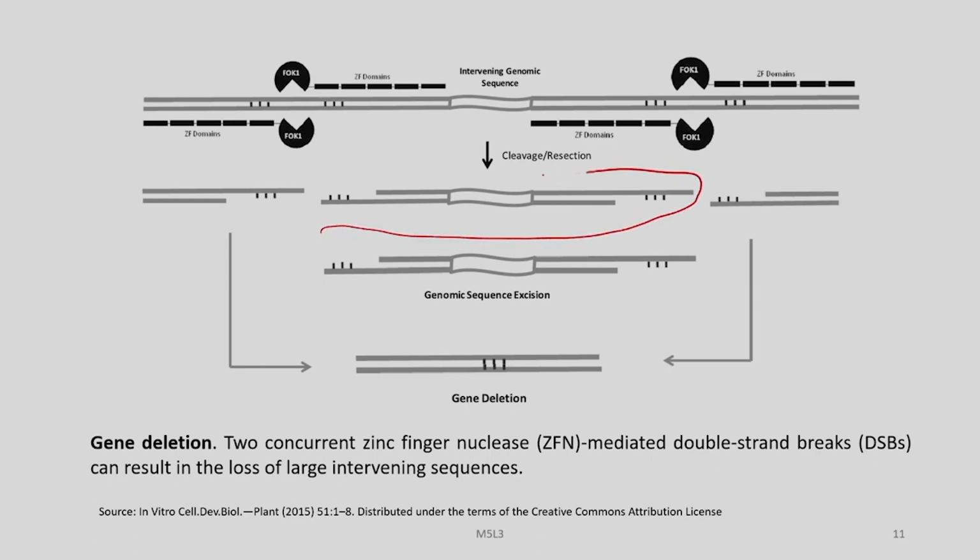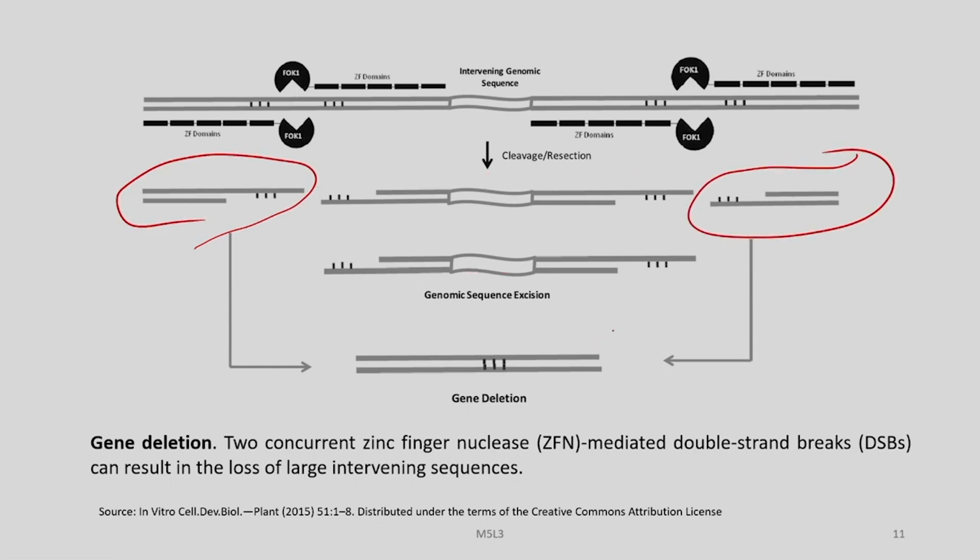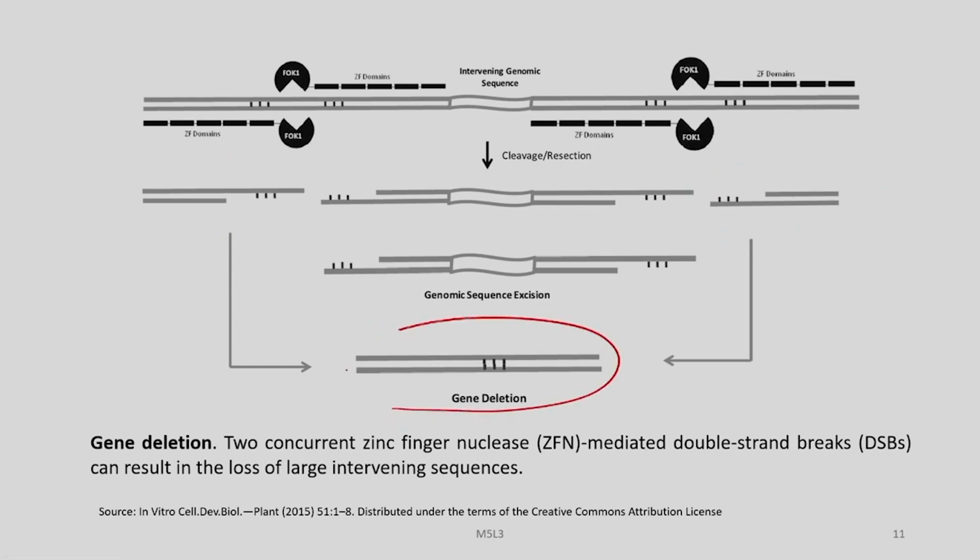As you can see, due to this cleavage reaction, this large fragment is now lost and excised from this system, and these sequences are coming together and joined. And so, in the final product, we have a large portion which is deleted as a result of these engineered ZFNs which target two different locations spaced quite apart.